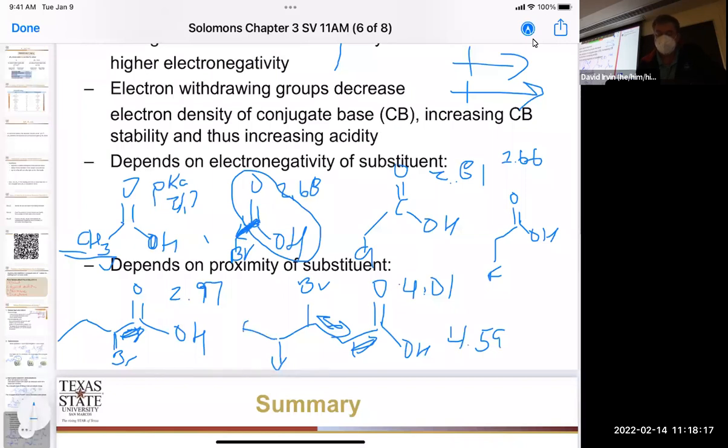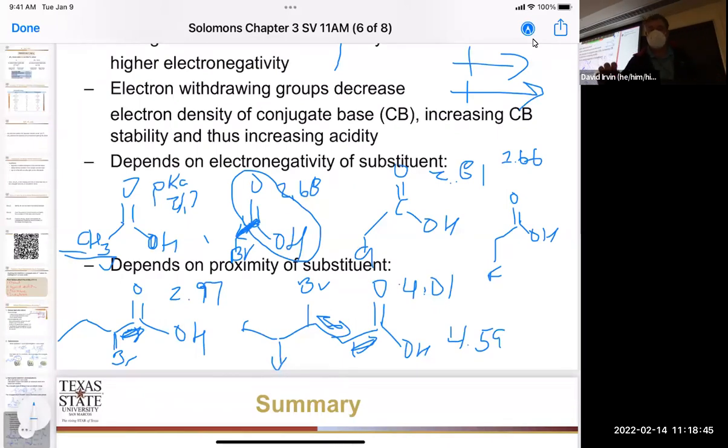And if we move it a whole other one over, if we had another carbon there and moved it a whole one over, it's going to go back to 4.7 because it's so far away, the acid can't see it. Okay. So we understand the inductive effect. Those four things, and the inductive effect is the least influential, and it is least influential the further you get away. So proximity is important.